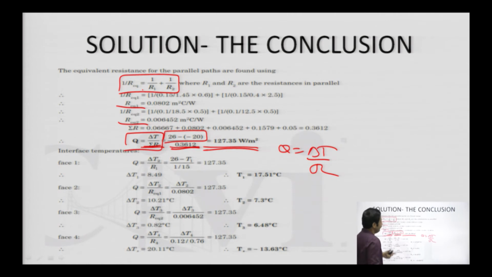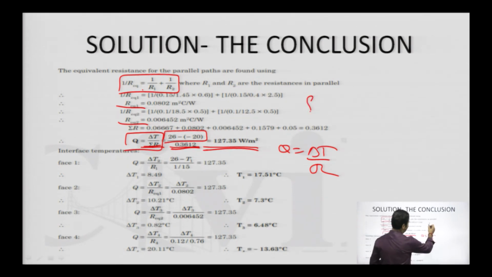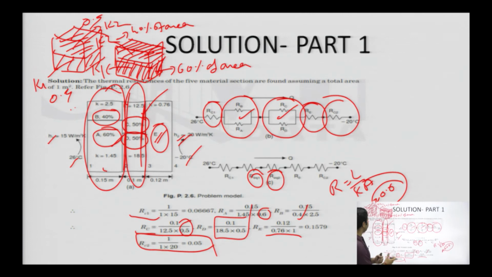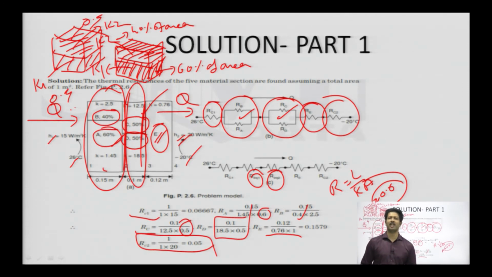Now for the interface, what you need to do is, you know this is a steady state. What happens in a steady state? The heat which is coming in here and the heat that is going out here will be the same in magnitude, because it is not changing.